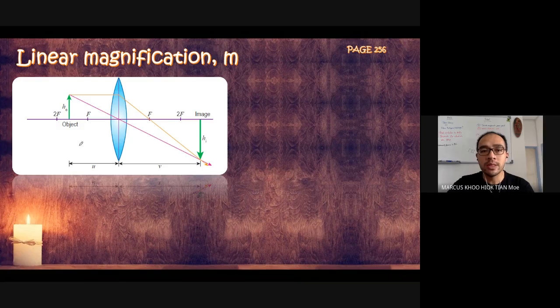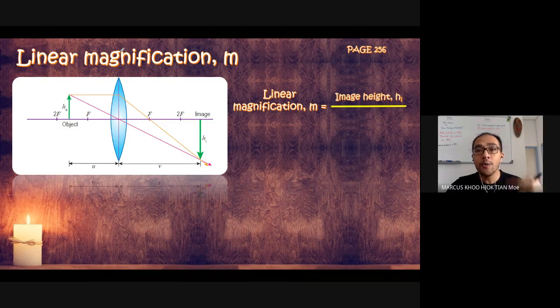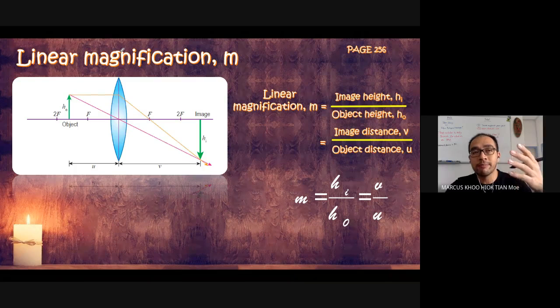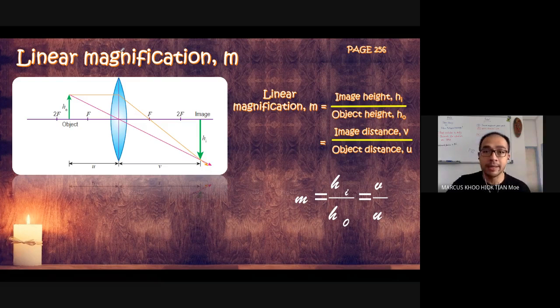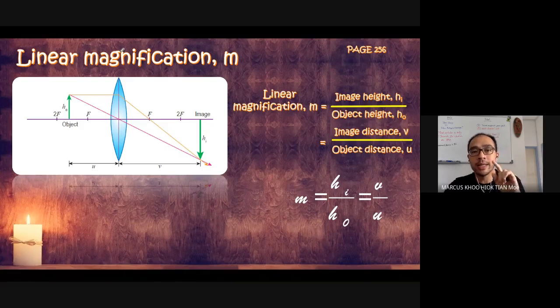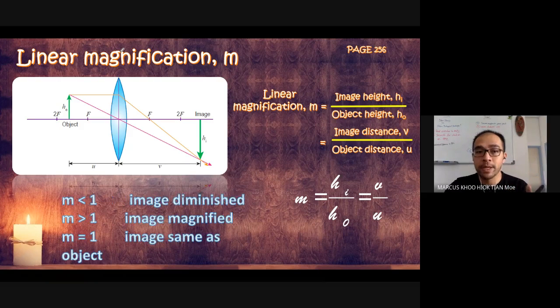We use these four things to calculate linear magnification: how big is the image compared to the object? If the number is bigger than 1, the image is bigger than the object. But if the number is less than 1 in terms of magnitude, like 0 point something, the image is smaller than the object, which means it is diminished. This is what we concluded last week.